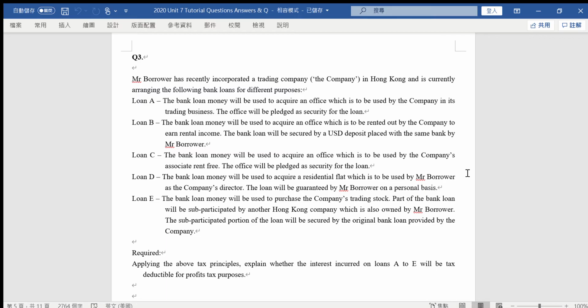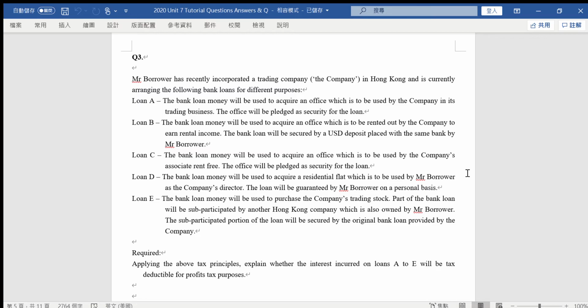Okay, the last one is more complicated. There is a loan being used to purchase the company's trading stock, and part of the loan will be sub-participated by another Hong Kong company owned by Mr. Borrower, a connected company, a connected person controlled by the same person, and the sub-participated portion of the loan will be secured by the original bank loan provided to the company.